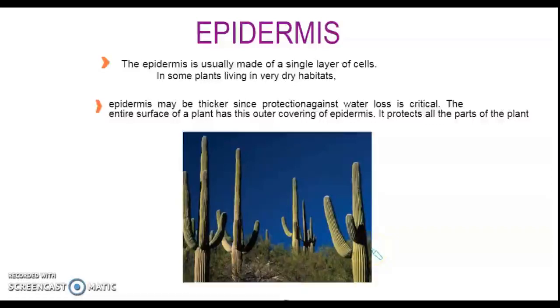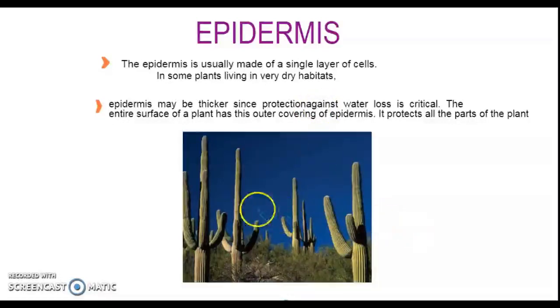If at any time there is less water and the plant needs to save it, this epidermis helps in retaining the water in the plant. And it also protects the plant from insects and various other factors. Like we have skin, the plant has epidermis, a layer of cells over its body.